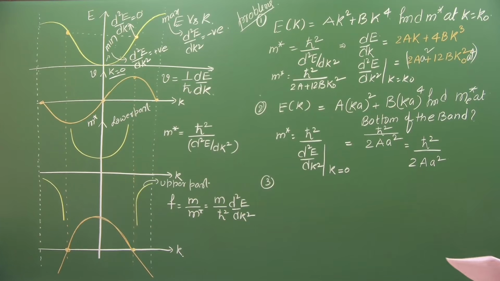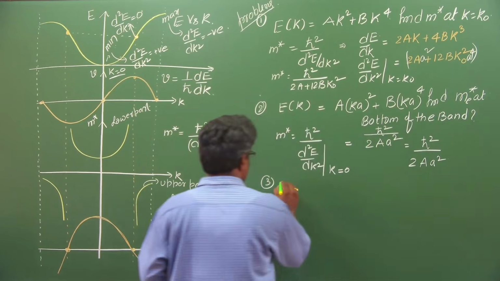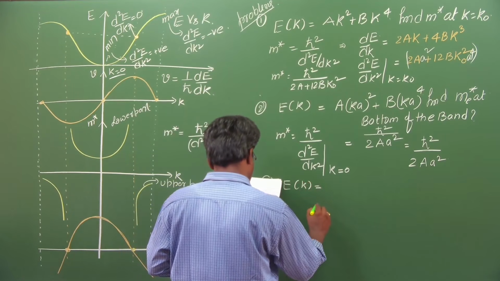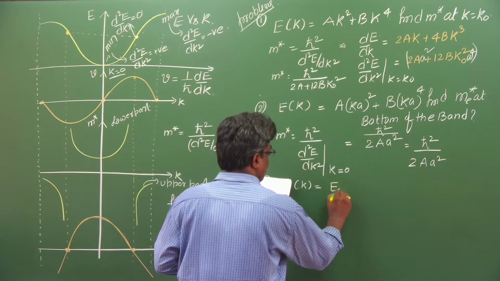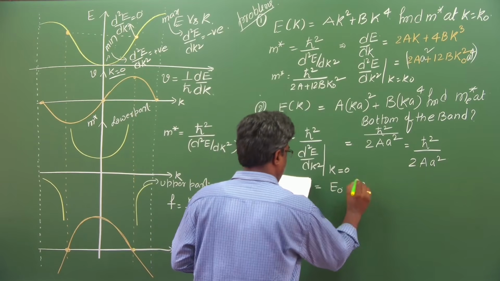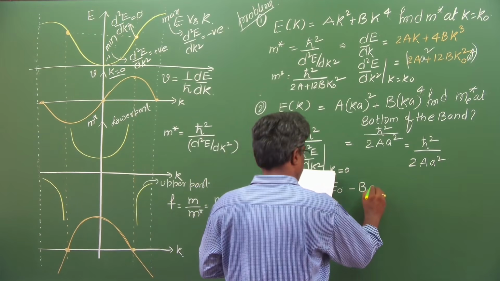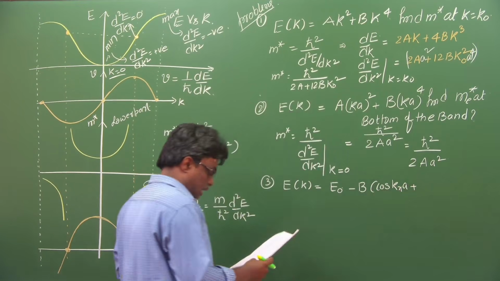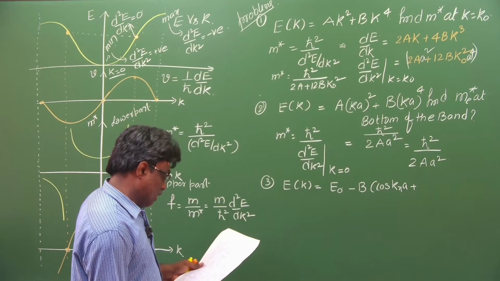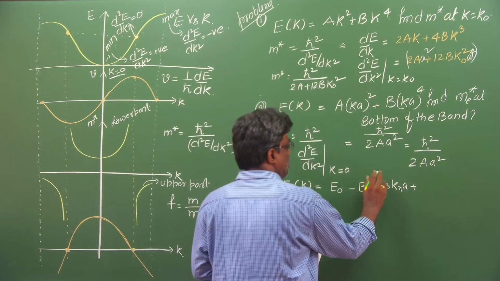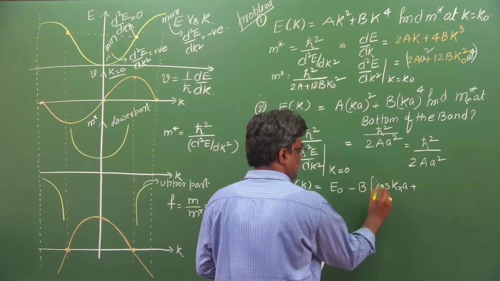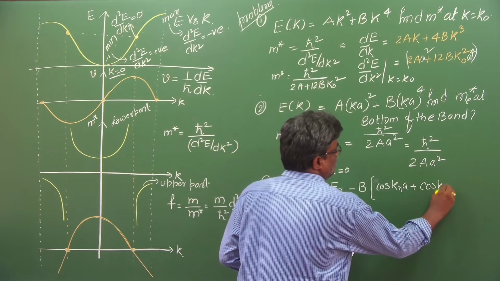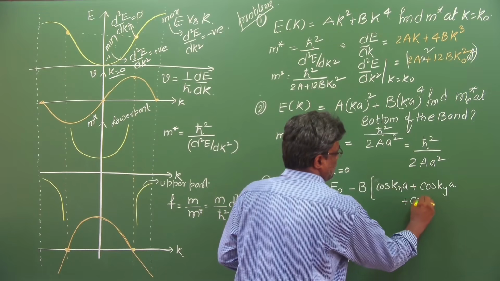The energy of an electron in a band is given by E of k equal to E naught minus b of cos kx a plus cos ky a plus cos kz a.